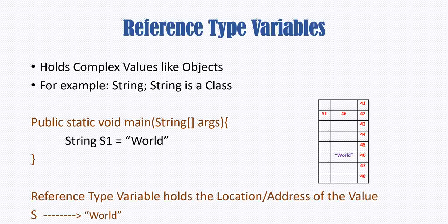So a reference type variable holds the location or the address of the value, not the value itself. We can also say that s1 is pointing towards the value world, and hence the word reference variable. It is referring to world.